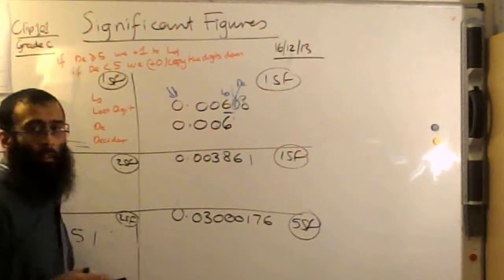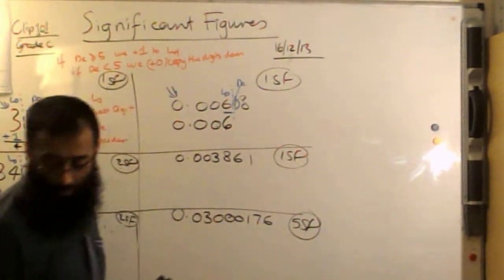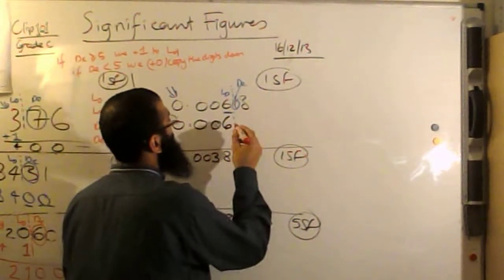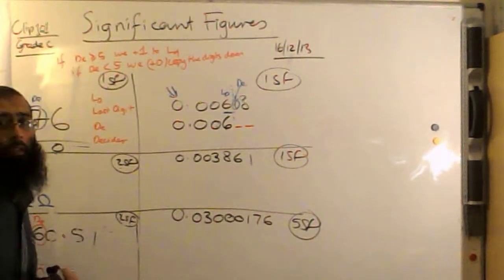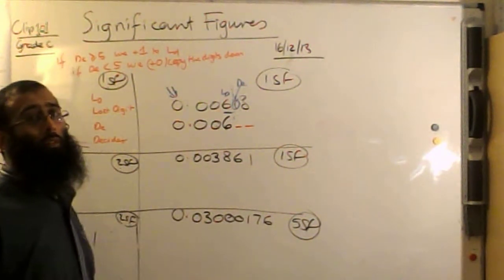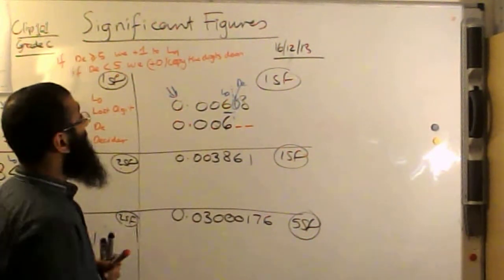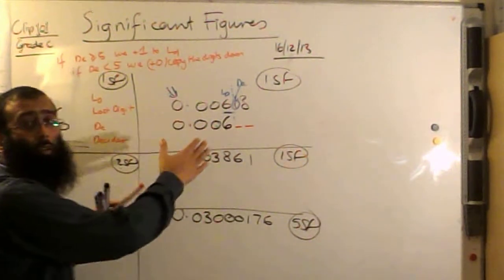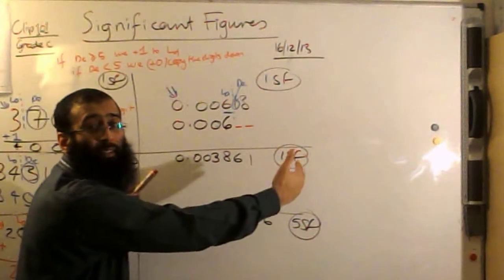Now, here comes the important part. What happens, Mr. Hassan, to these two spaces? Do we put zeros in these ones? No, well done. Why don't we copy zeros into them? Because we are not before the decimal point; we have gone past it.